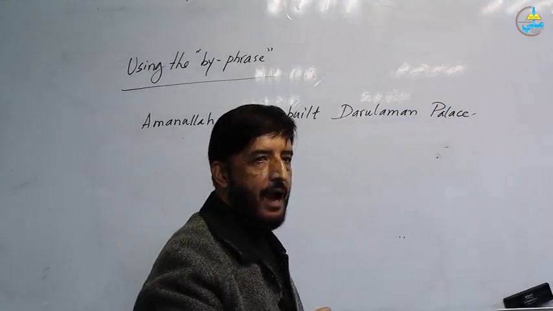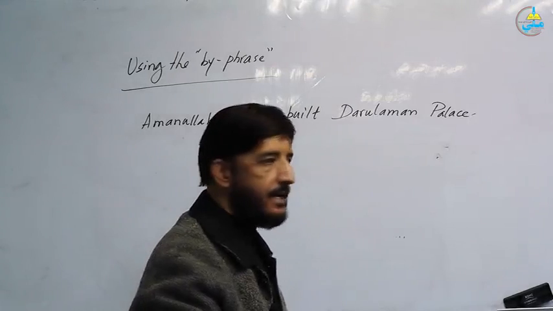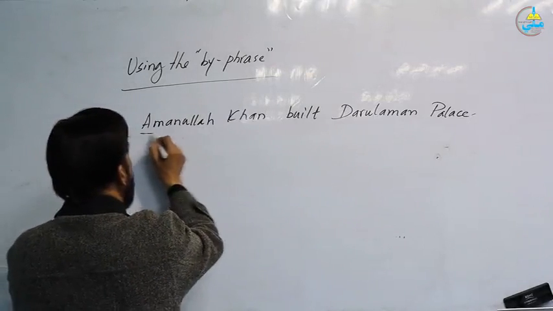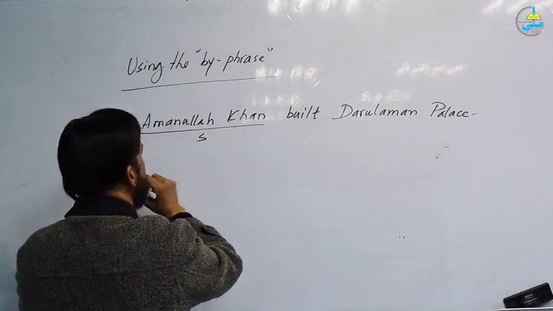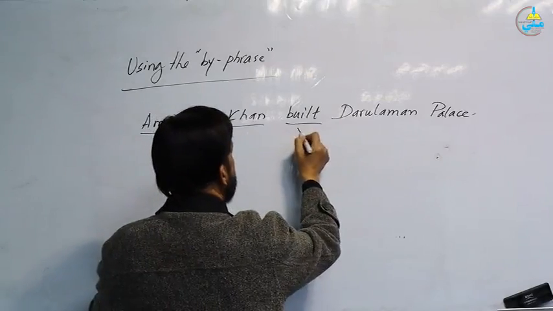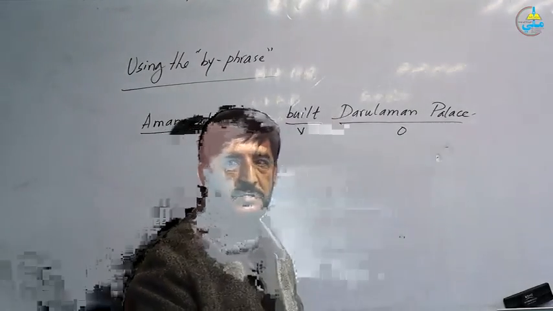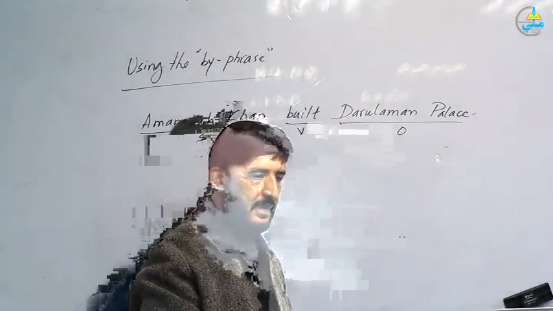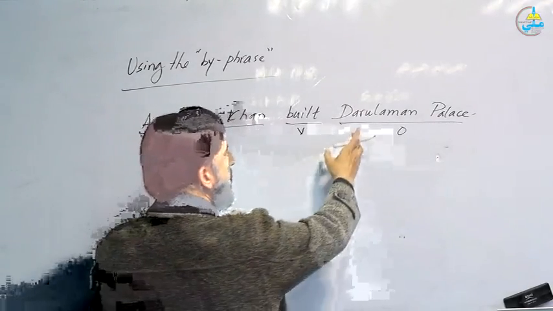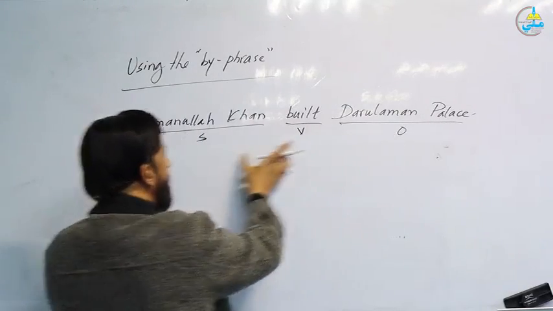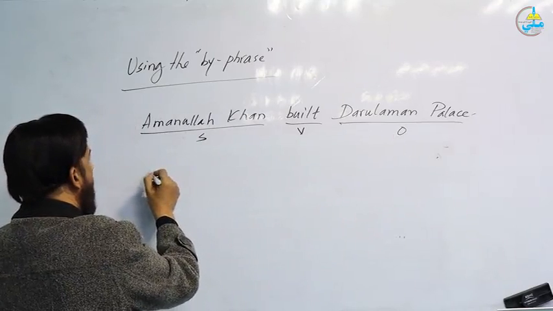Amanullah Khan built Darul-Aman Palace. Here, Amanullah Khan is the subject, built is the verb, and Darul-Aman Palace is the object. Now, if we change it to passive, we bring the object to the front of the passive sentence. How?